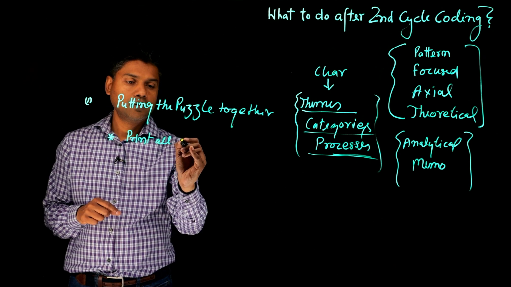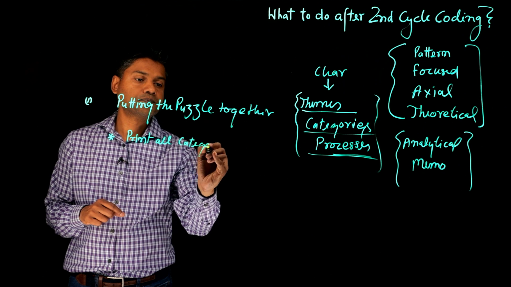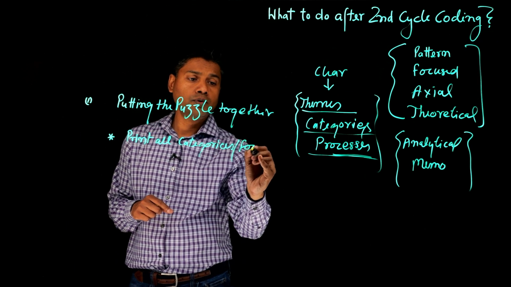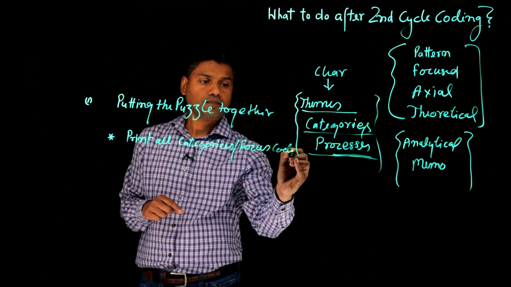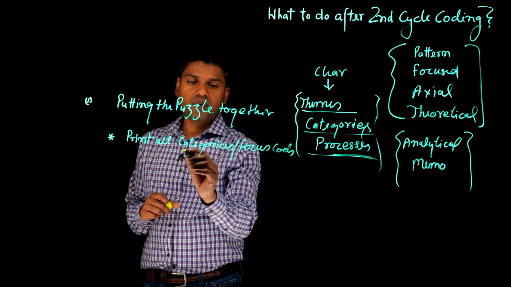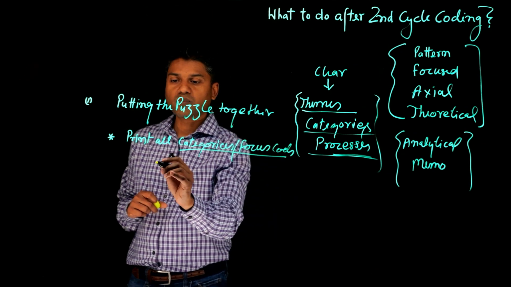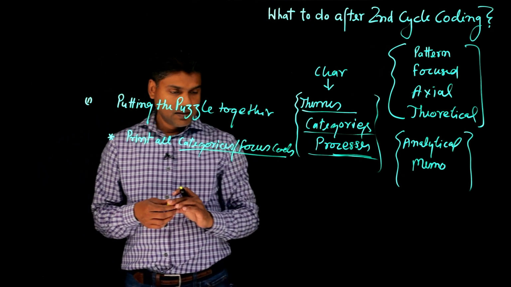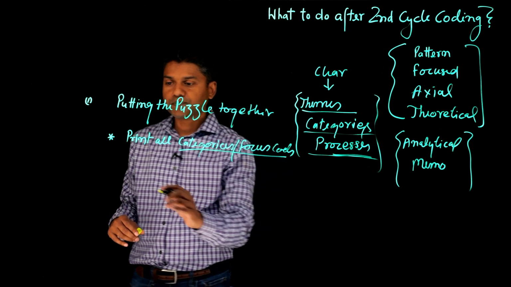So print all categories, focused codes on a piece of paper, and put it on a table.